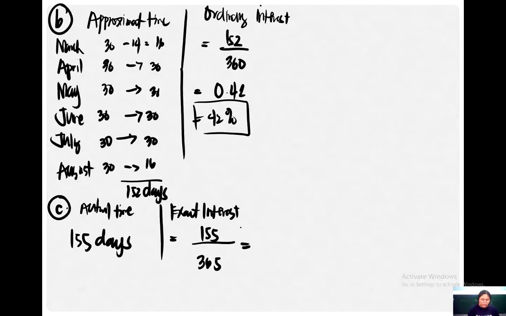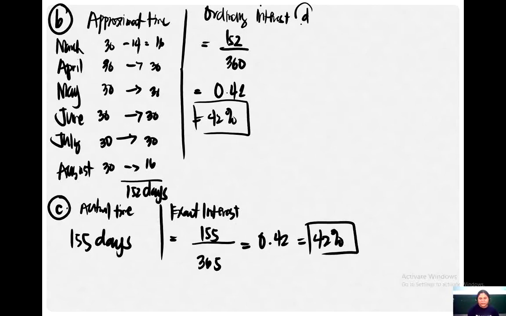So 155 divided by 365, the answer is 0.42, or 42%. So the exact interest using the actual time is 42%.